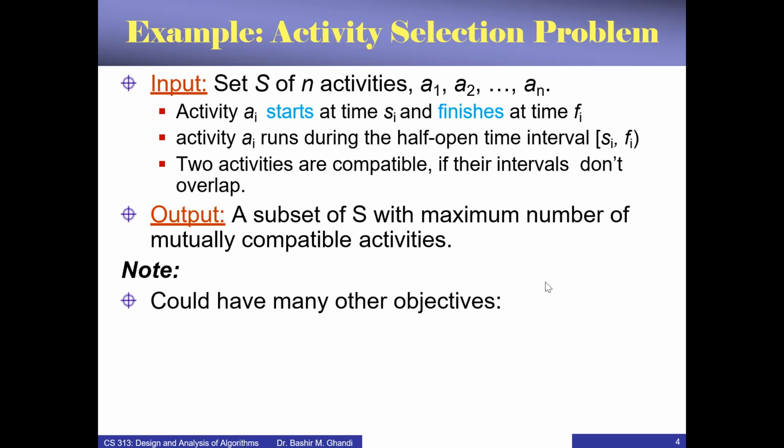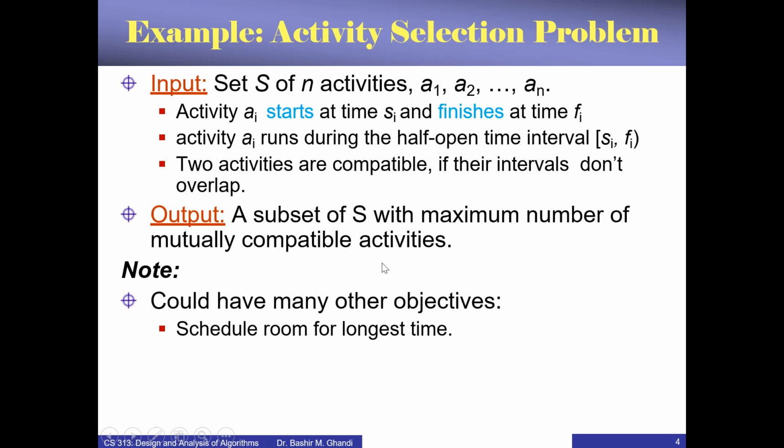Now we note that although we stated this problem in terms of the objective of finding the maximum subset, there are other ways we could have defined the problem with a different objective. For example, we could say choose the activities that will utilize the room for the longest possible time.